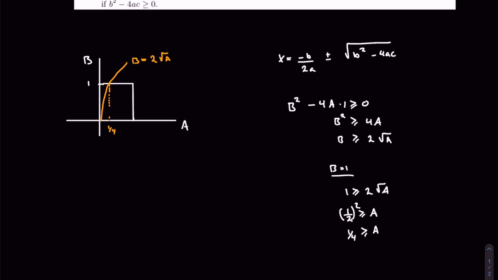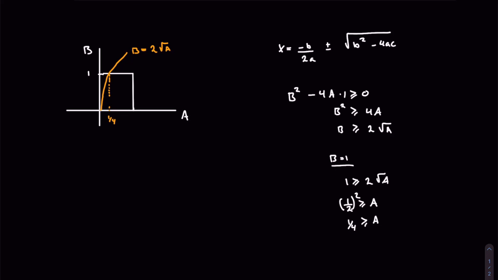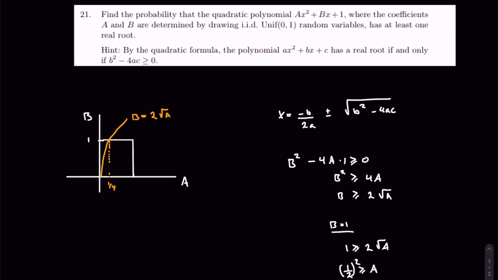Now, how do we use this information? Essentially, what this function is saying to us is that as long as we are in a region larger than this function, so it's here, we will be getting valid real roots.